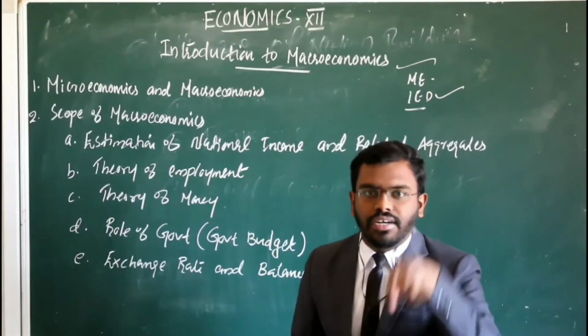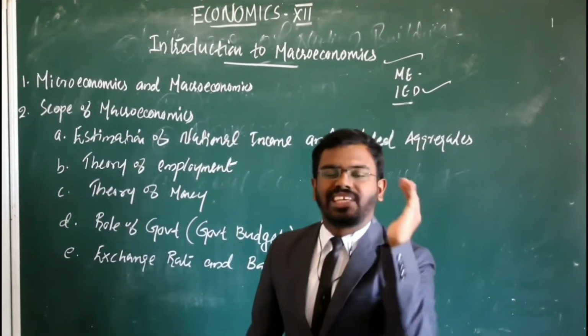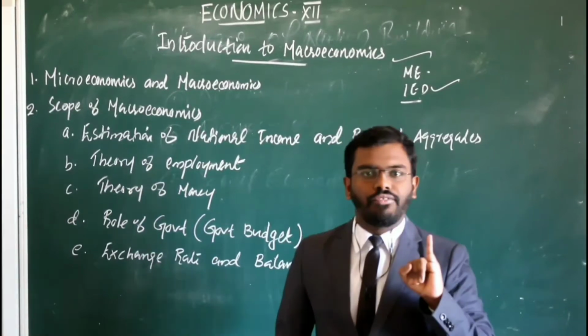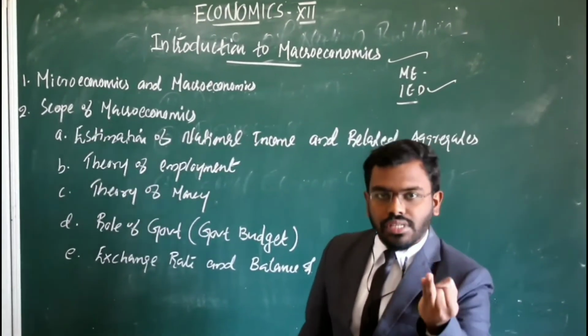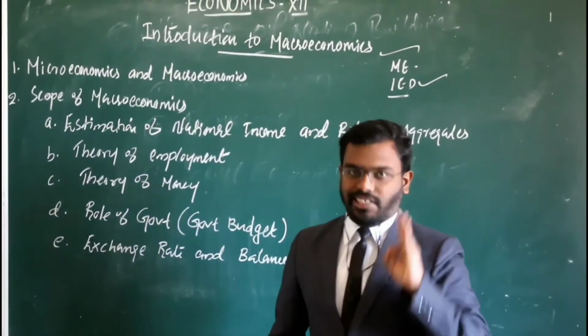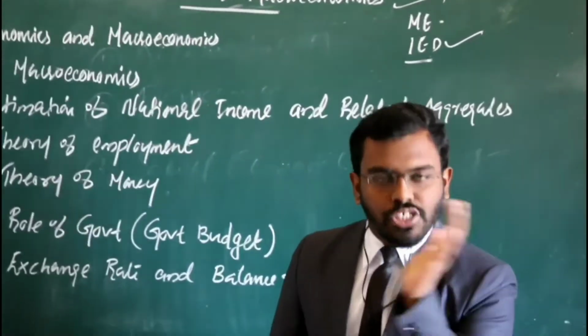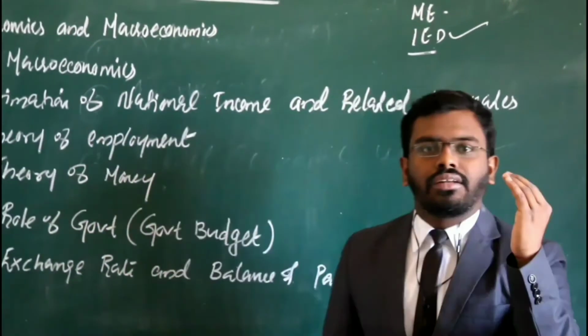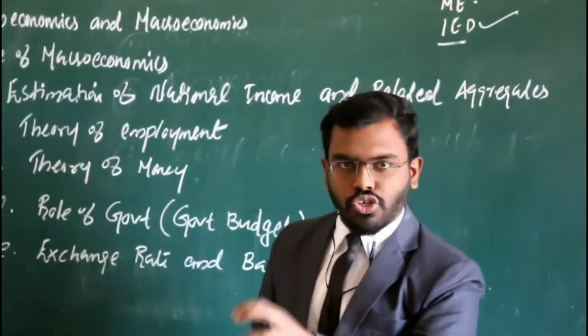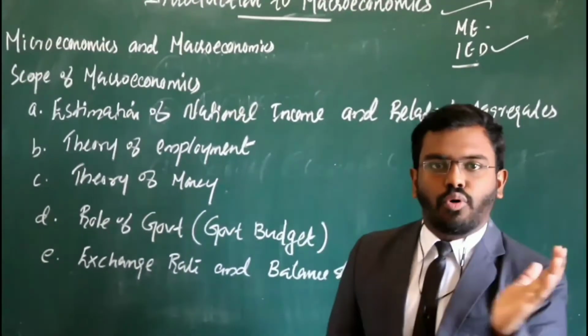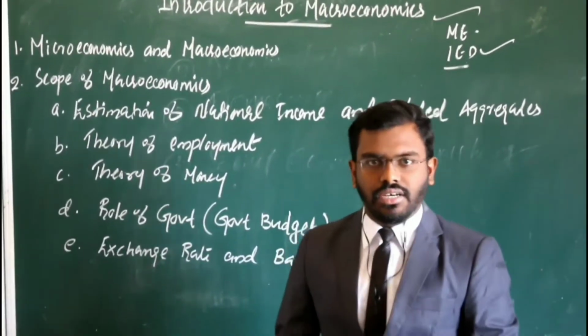In microeconomics we studied the theory of consumer behavior, theory of producer, theory of market. We discussed consumer demand, the utility function of a consumer, and the production function of a producer.